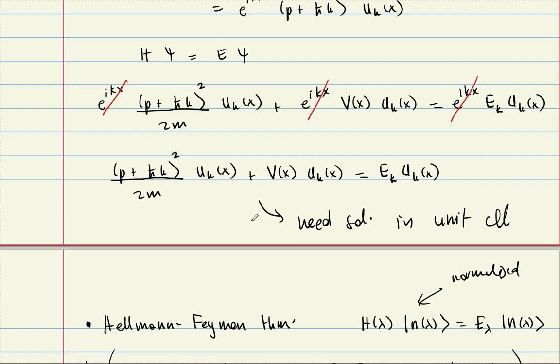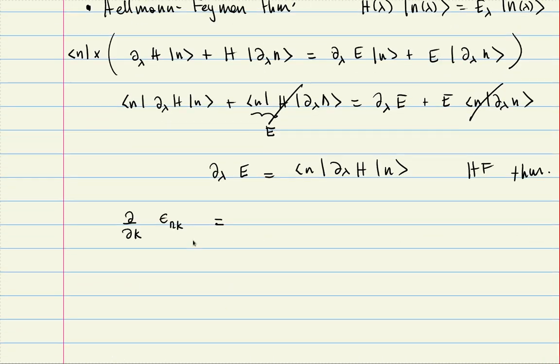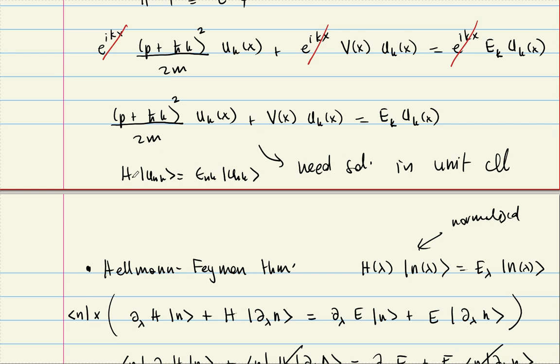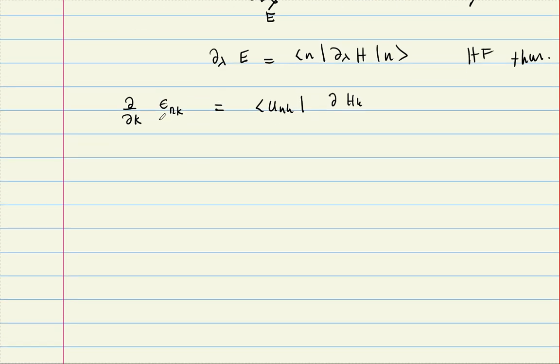I am thinking about this equation like this: H, u n k is equal to epsilon n k, u n k. And I'm going to apply the Hellmann-Feynman theorem to this form. And this is going to be equal to u n k del H. Of course, here this H also depends on k, because there's k here in the momentum. So this is del H k, del k, u n k.